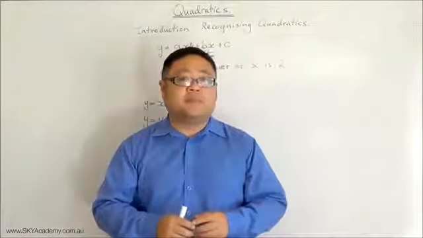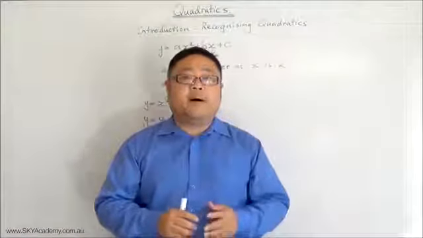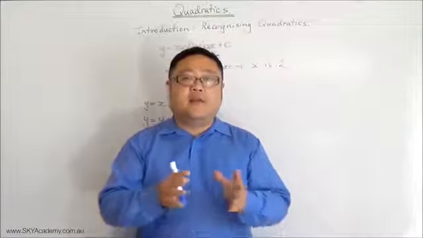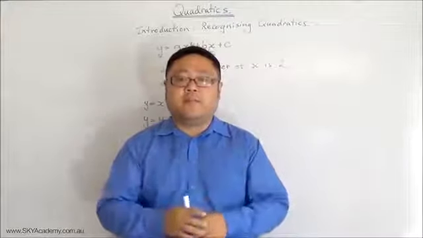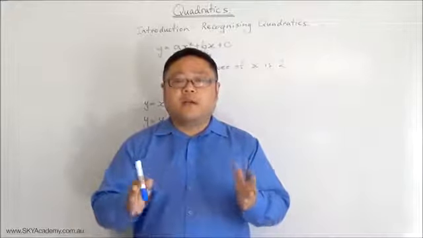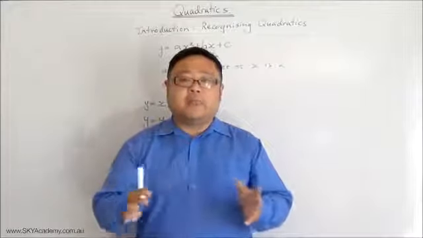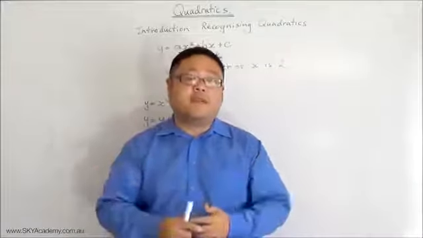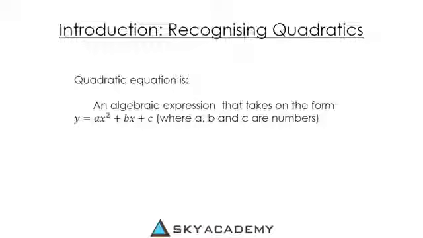You might have heard them being explained as trinomials, but a quadratic equation is basically, for those of you for whom this is a brand new topic, an algebraic expression, which can also be represented graphically, that takes on the form y equals ax squared plus bx plus c, where the letters a, b, and c, or the pronumerals a, b, and c, represent numbers.